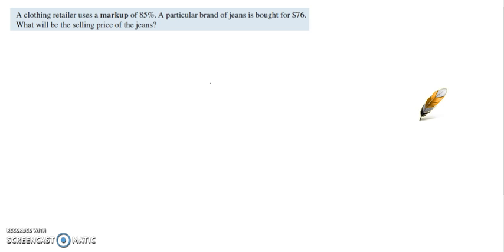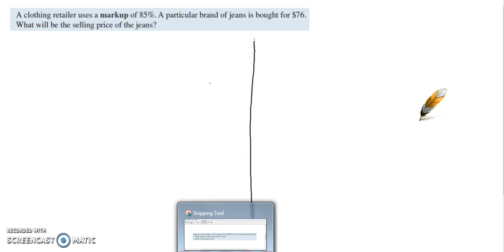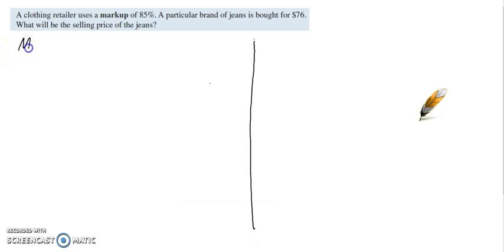So there's two ways to go about this question. So I'm going to show you both ways. So the first way is you can work out the markup first.